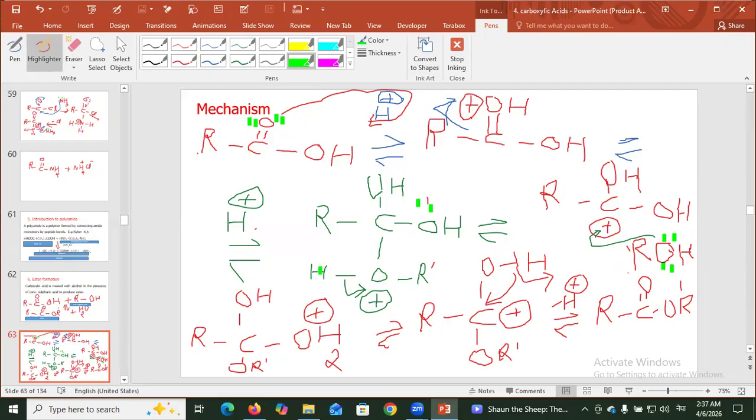Again, this electron between hydrogen and oxygen neutralizes the positive charge and removes the H plus, producing this product.